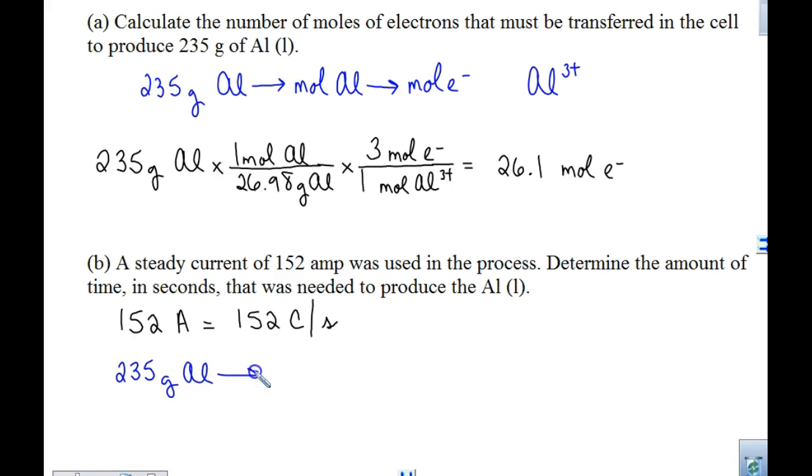And it's going to look much like the previous one, because I'm going to convert that to moles of aluminum and then moles of electrons. But then my next step is going to be to use Faraday's constant to convert moles of electrons to coulombs of charge, and then use the amps to get to seconds.